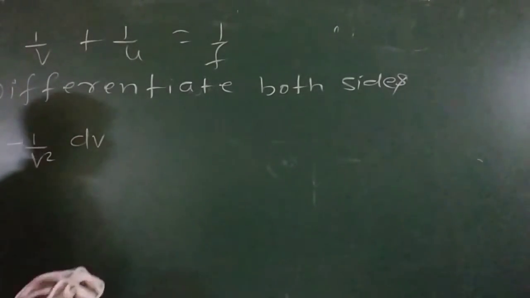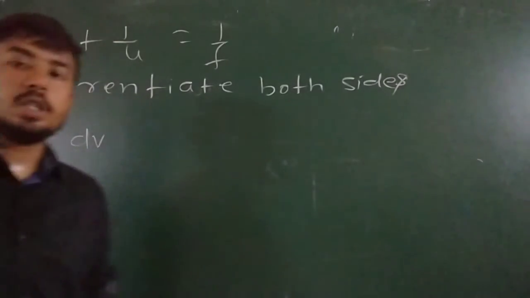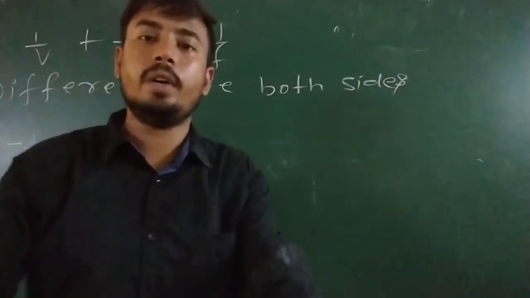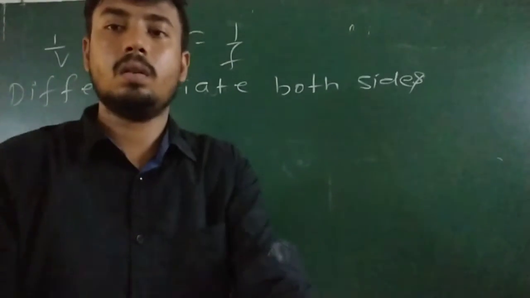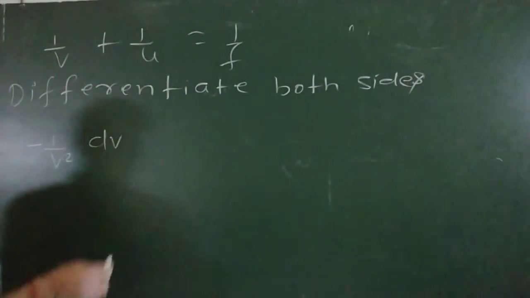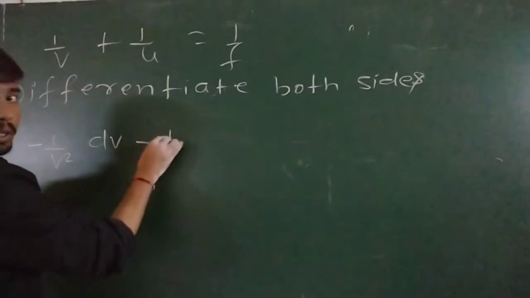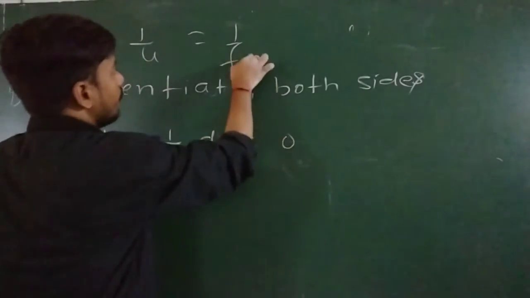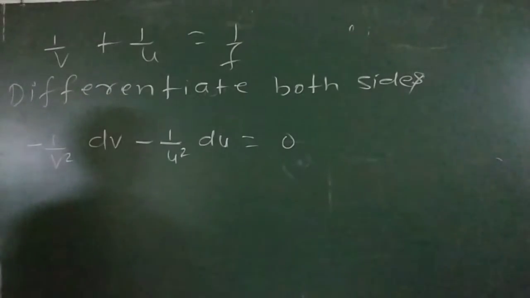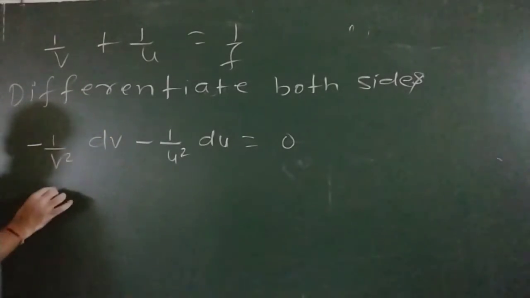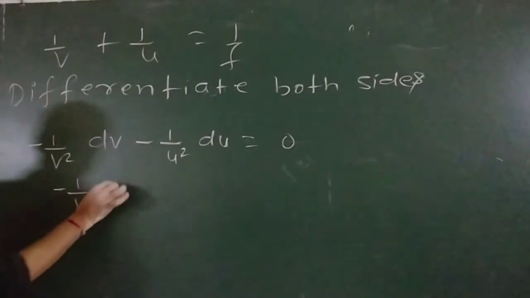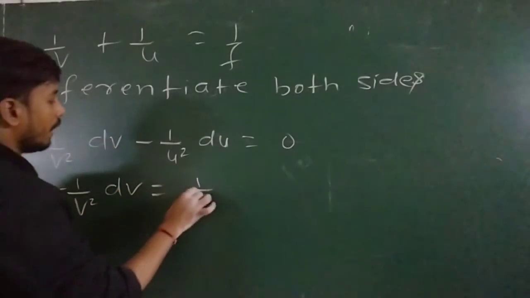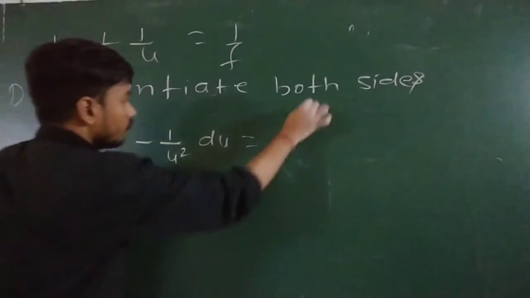If you don't know how to differentiate, then post your message, I will try to convey it there. Right? So minus 1 by v square dv minus 1 by u square du is equal to 0, because the differentiation of focal length is 0, because focal length is constant. So this will come minus 1 by v square dv is equal to 1 by u square du.